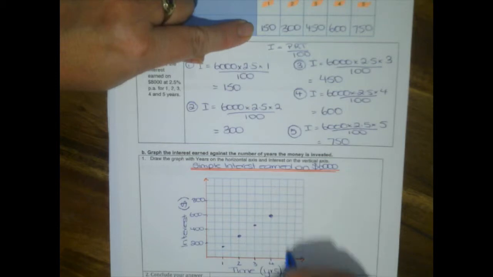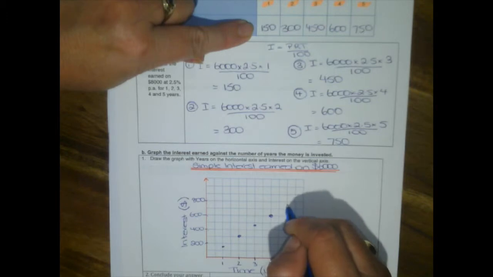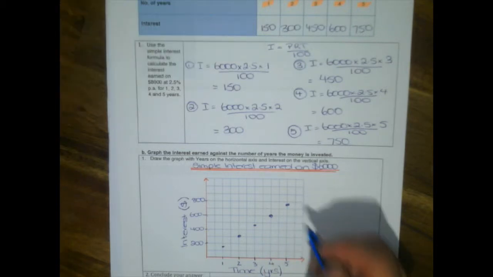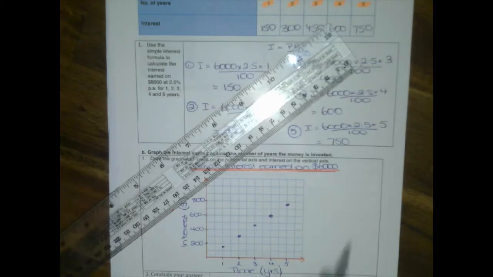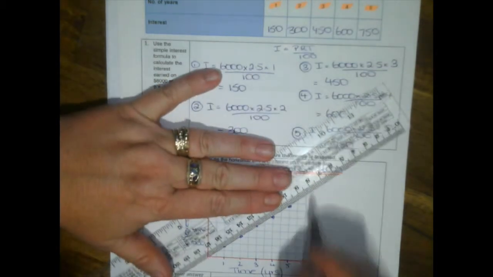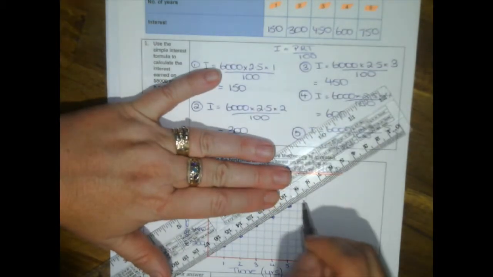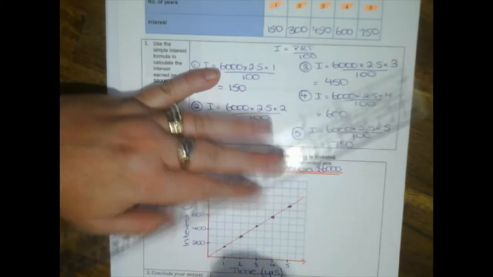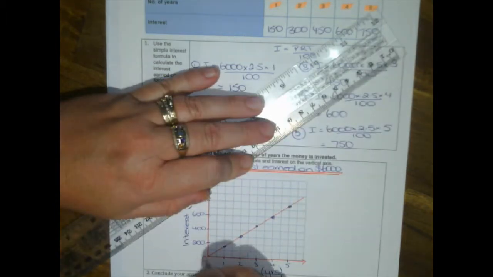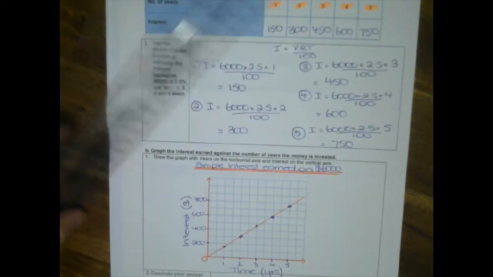And 5 years was at the $750 mark. Just use your ruler. And remember that at 0 years you had $0.